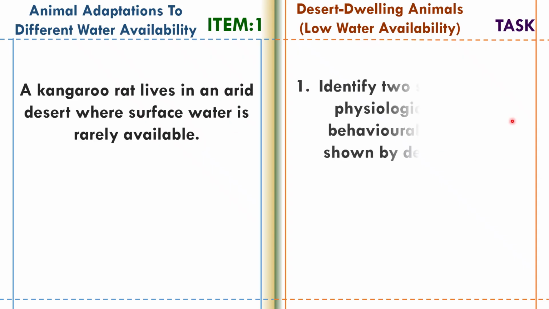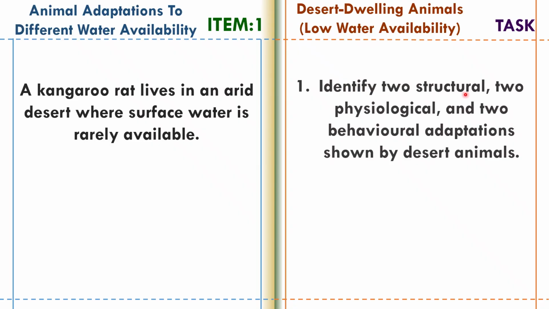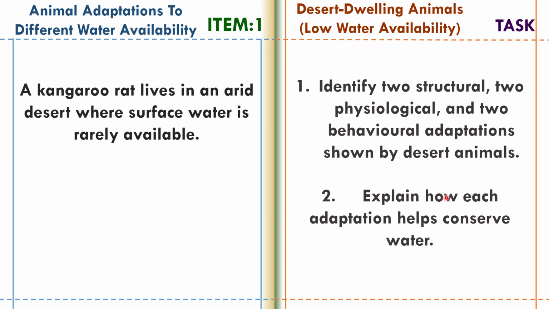Task: identify 2 structural, 2 physiological, and 2 behavior adaptations shown by desert animals. Explain how each adaptation helps conserve water.